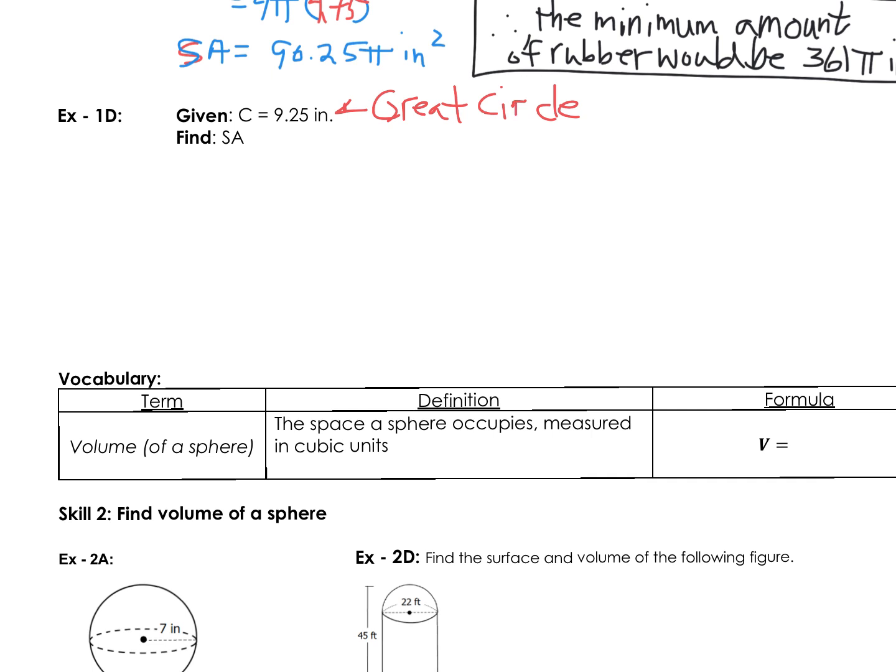Because circumference is 2 pi r, and I'm using 2 pi r rather than pi d because I want the radius, all I did was take circumference, which is 2 pi r, and replace C with that, and the right side is still 9.25. If I want to solve for r, I have to undo multiplying by the 2 and the pi, so we're going to divide both sides by 2 pi.